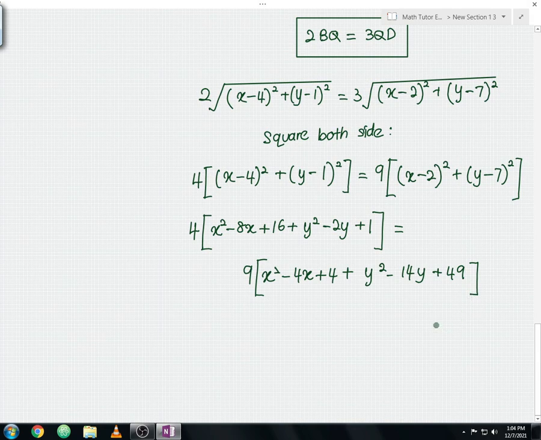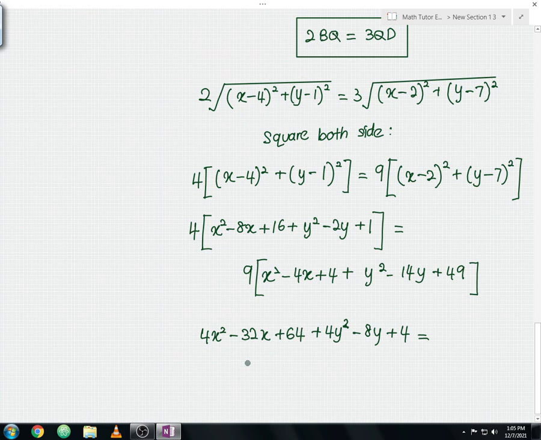Now we're going to expand the 4 and 9 respectively. Let us begin with the left hand side. We expand the 4, so from here we get 4x square minus 32x plus 64, and then plus 4y square, and then minus 8y, and then plus 4. And then equals to, now we're going to expand the 9 into the bracket here.